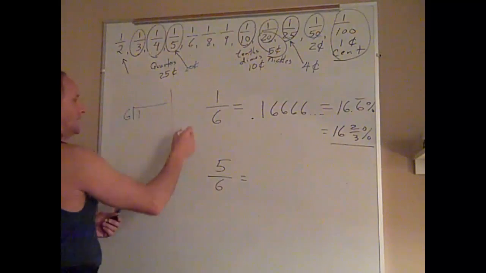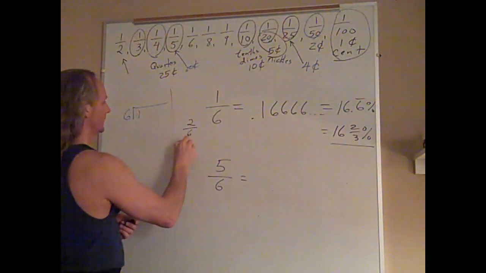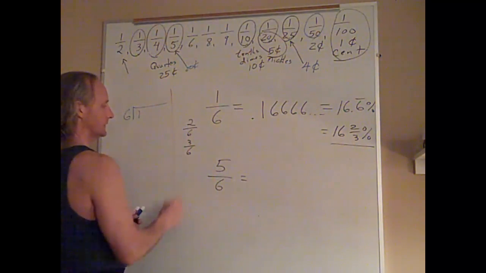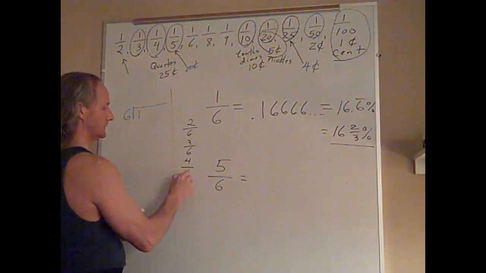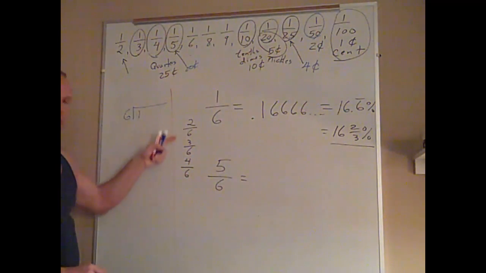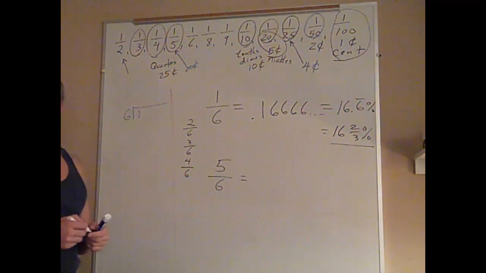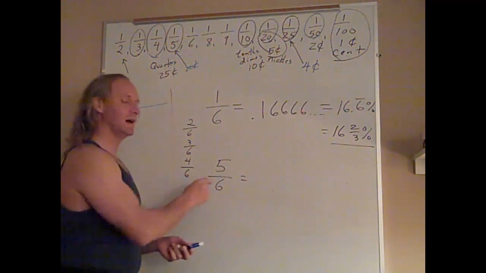And I want you to think about why that's the case. Write 2/6, 3/6, and 4/6. You have already written all of these fractions, their decimals and percent equivalents. So you don't have to worry about those.